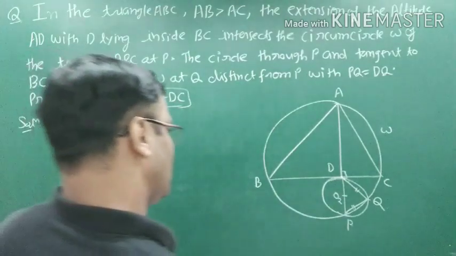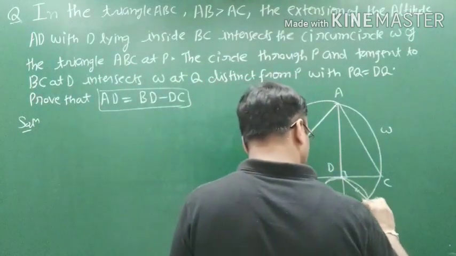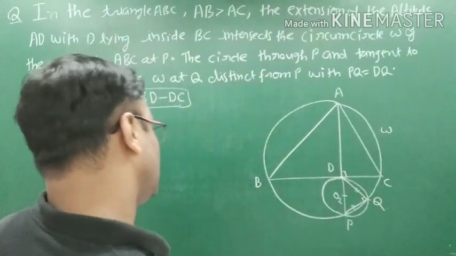If PD is the diameter of the second circle, then definitely this angle is 90 degrees.